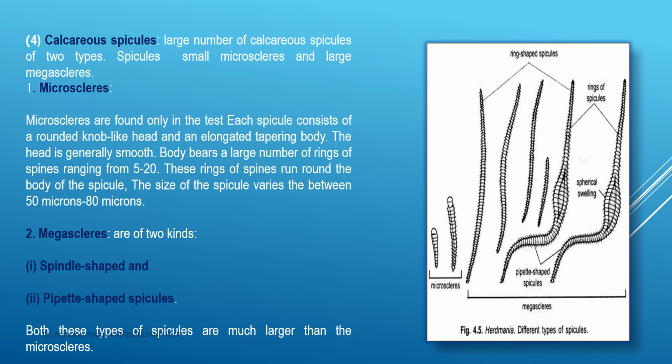About spicules, they are all made up of calcium, and they are called calcareous spicules. Basically, there are two types of spicules, one named microscleres and the second named megascleres.